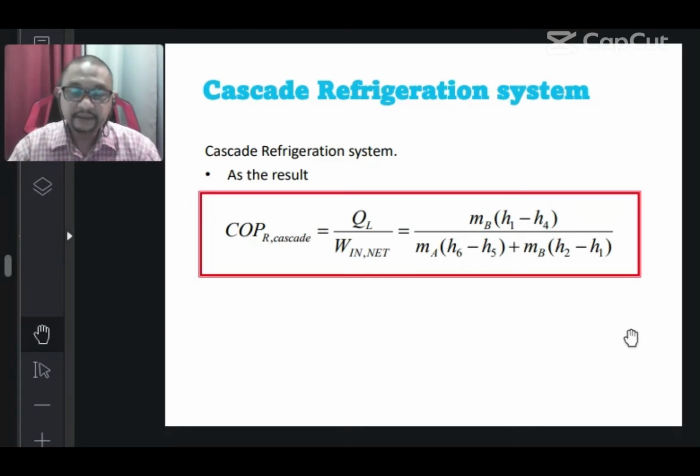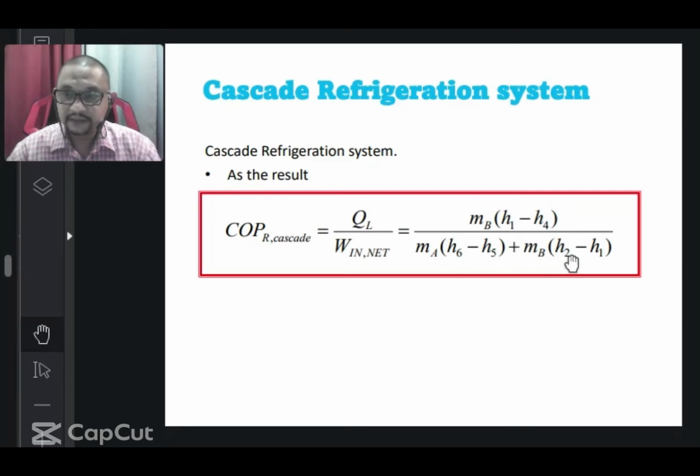And as a result, to find the coefficient of performance for this cascade refrigeration system, the basic formula is COP = QL over W net, where QL is equal to m_B times (h1 minus h4), divided by the total work of cycle A and cycle B. That means m_A times (h6 minus h5) plus m_B times (h2 minus h1).